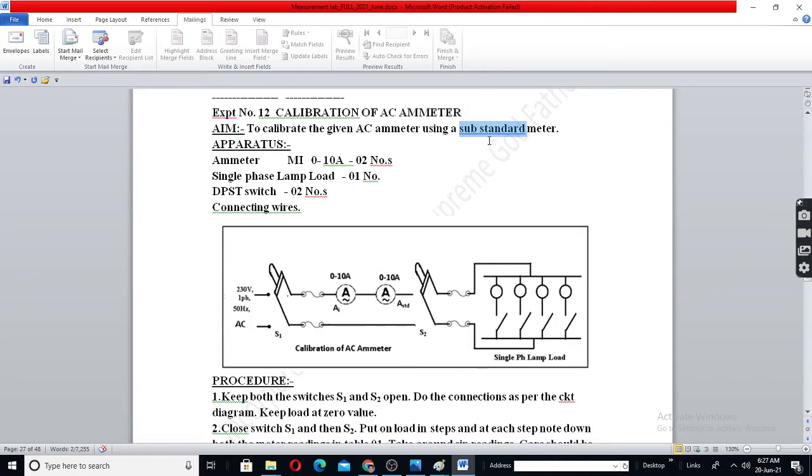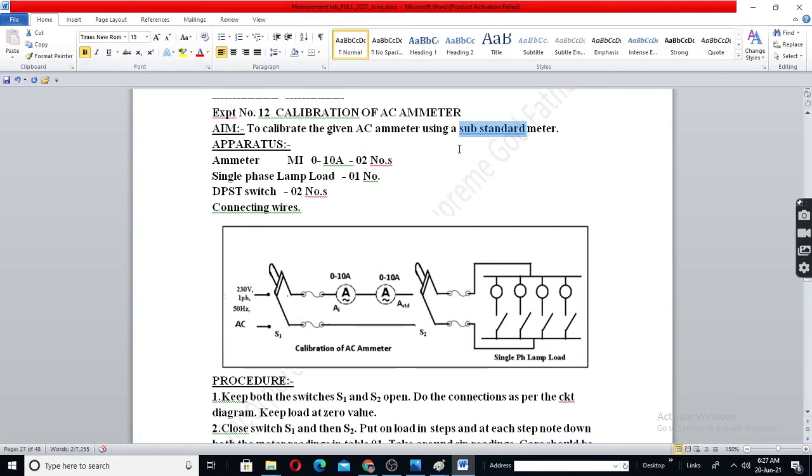For the time being, you assume that substandard means standard. Okay. Substandard means actually it is standard but a little bit lesser. The exact standard is the one which is kept in a particular laboratory at particular temperature, pressure, etc.